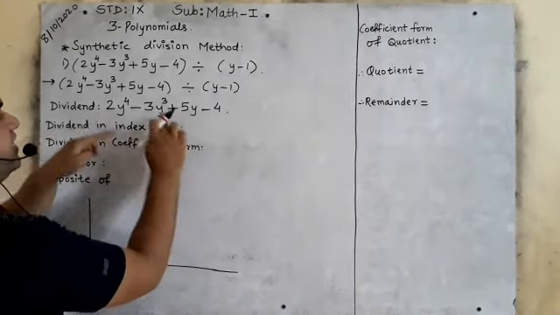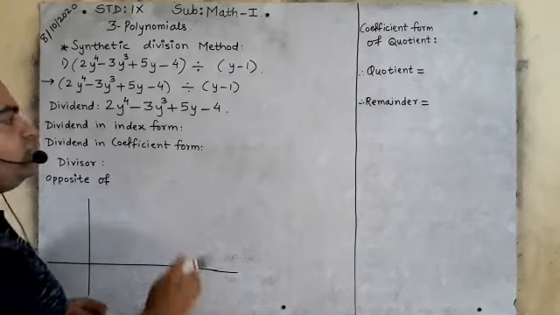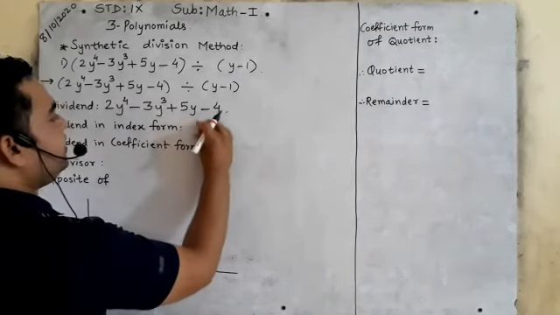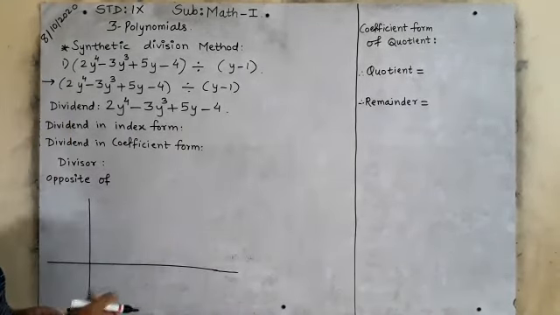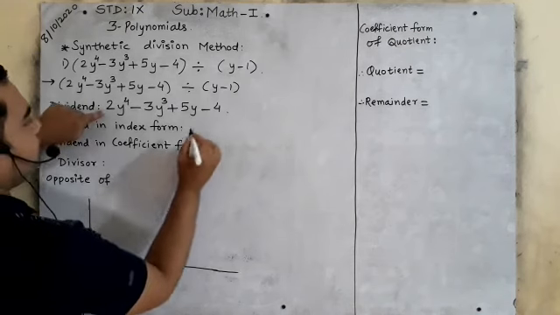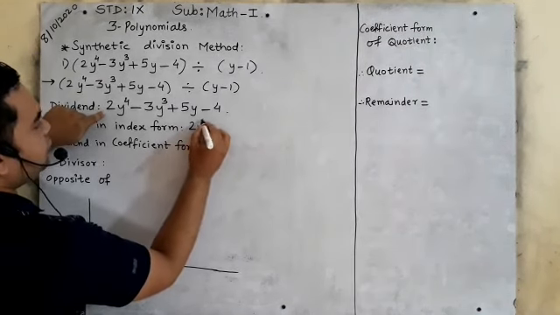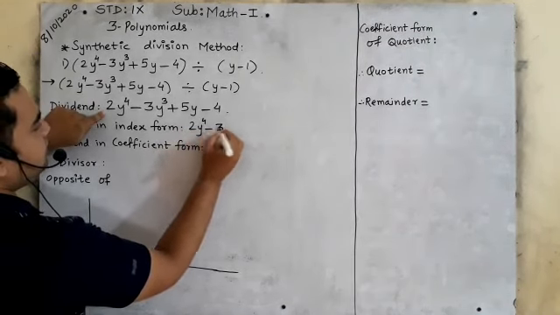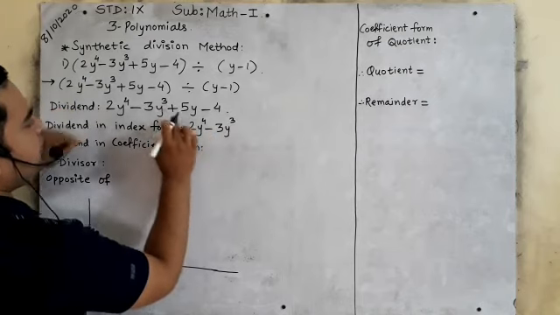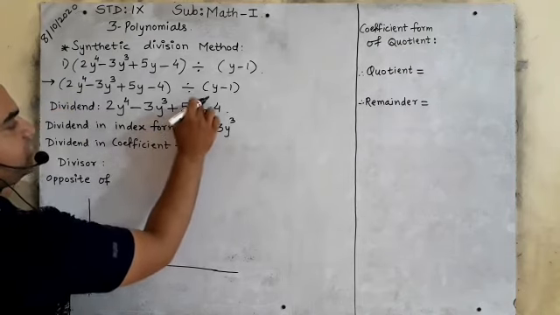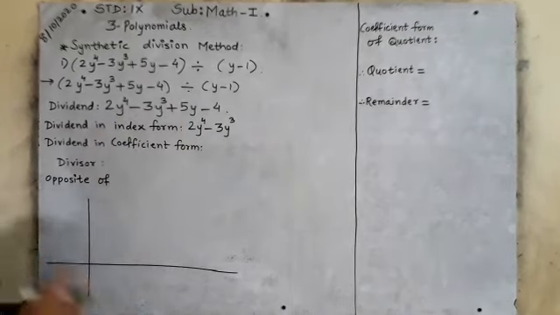If any term is absent, we will write the given dividend in index form with that term. Look here, 2y raised to 4 minus 3y raised to cube. Then directly 5y raised to 1. It means y raised to square is absent.